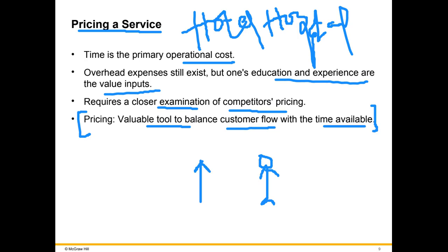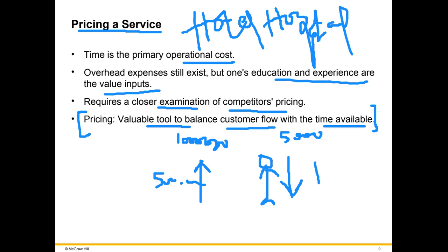Take Ferrari, say if they have a price of 1 million Saudi real, I don't know its real price, they will have say 5,000 customers. If they decrease it to say 500,000, then you will have say 15,000 customers coming in. Now there's pressure on you to build more.